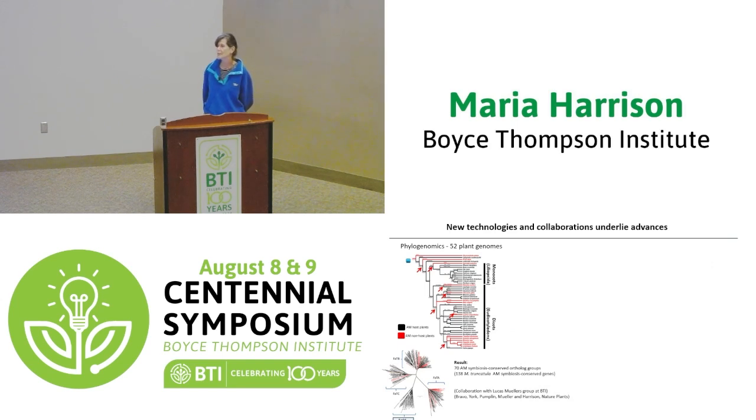And would those be particularly important for symbiosis? And this was a really nice collaboration with Lukas Mueller's group and allowed us to home in on a small set of genes in Medicago truncatula, 138 genes, that, now that we've studied them, are really adaptive for allowing the plant to form and function with its symbiont.